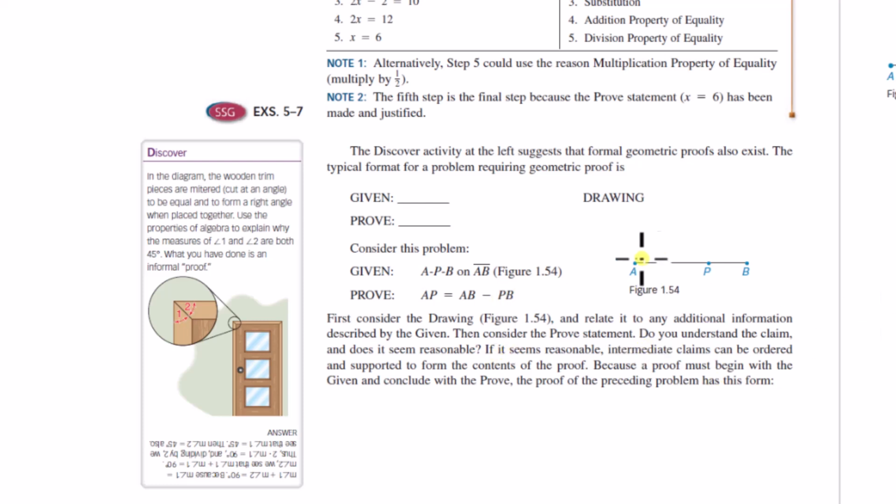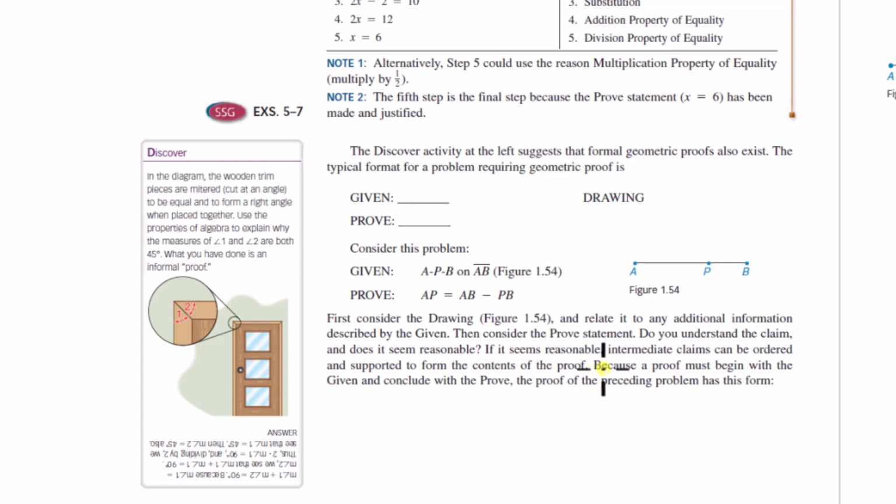They're saying the length of AP is equal to the length of AB minus the length of PB. That makes sense. If you take the entire length of AB and then you remove this, you're left with the length of AP. That's based on postulates about the lengths of line segments with intermediate points. We also did that same idea with adjacent angles.